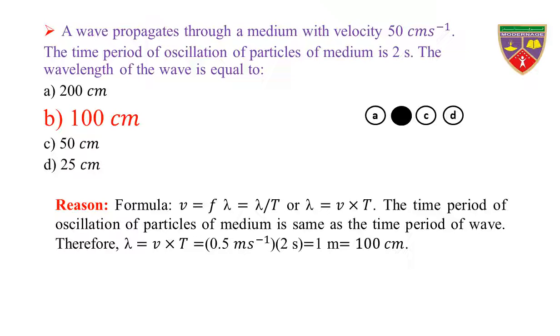Therefore, lambda is equal to v into T is equal to 0.5 meter per second into 2 seconds, which is equal to 1 meter, is equal to 100 centimeter. Hence, the wavelength of the wave is equal to 100 centimeter.